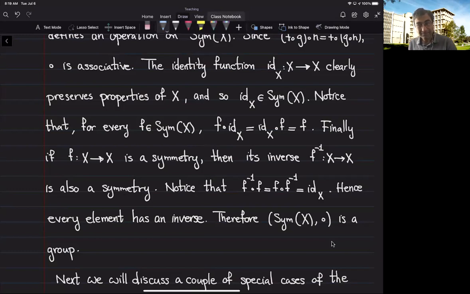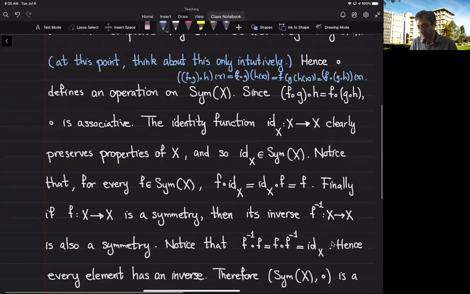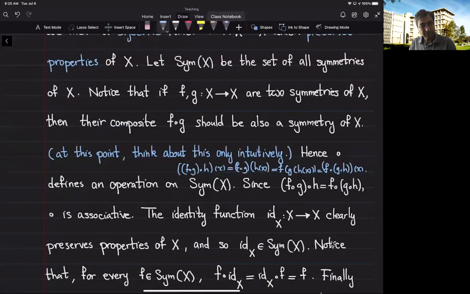So altogether, we are saying that the set of symmetries of X with the composition forms a group. It is closed under taking this, and therefore composition forms a binary operation on the set of symmetries of X. Composition is associative.